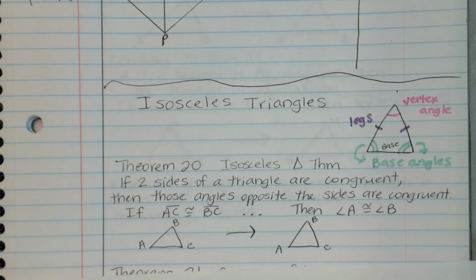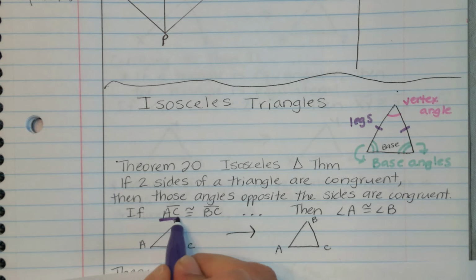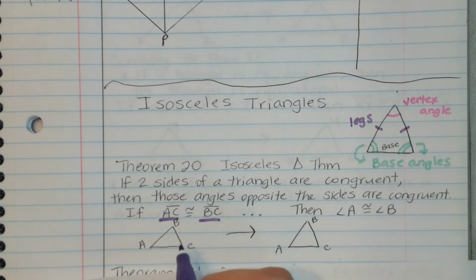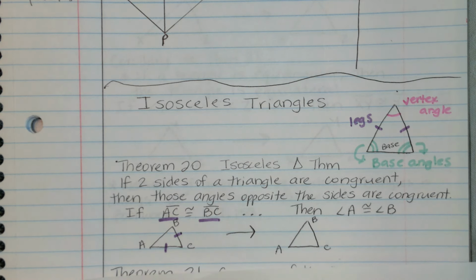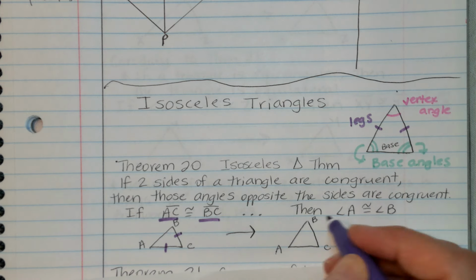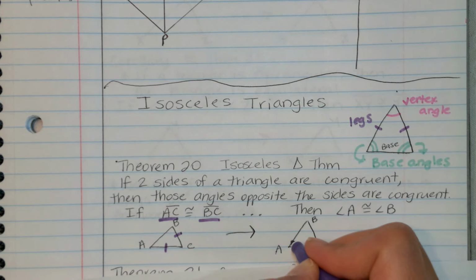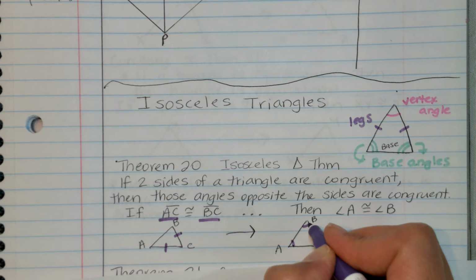So here it is. If side AC is congruent to BC, I drew it kind of wrong, but I'll still just mark it like that. So if AC is congruent to BC, then angle A is congruent to angle B, like that.